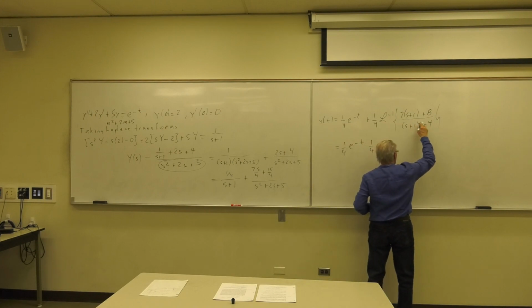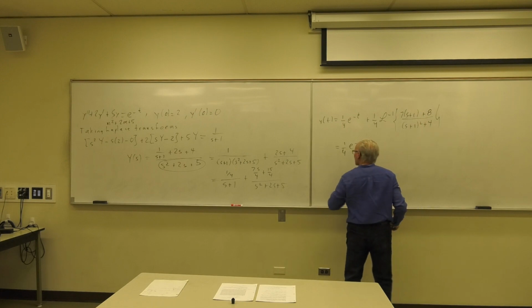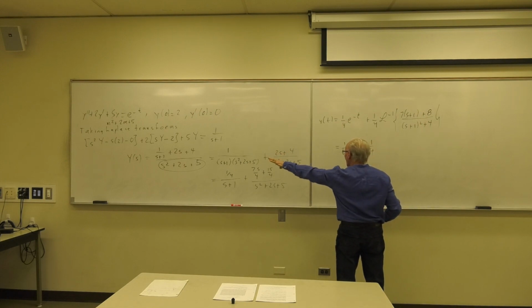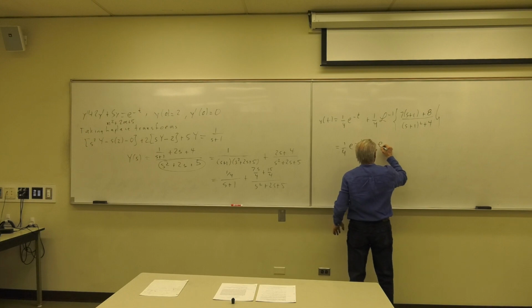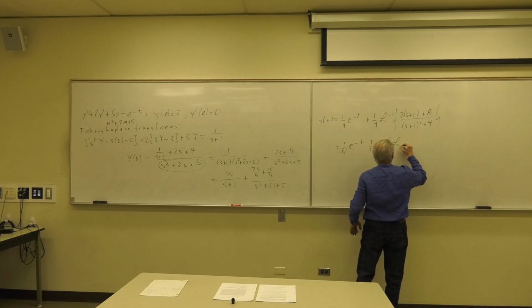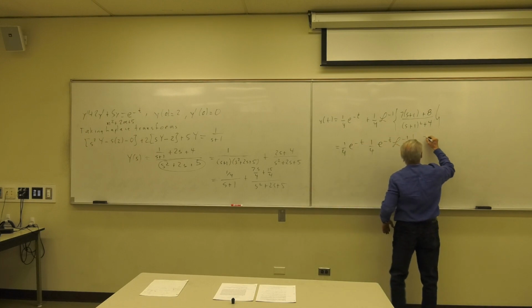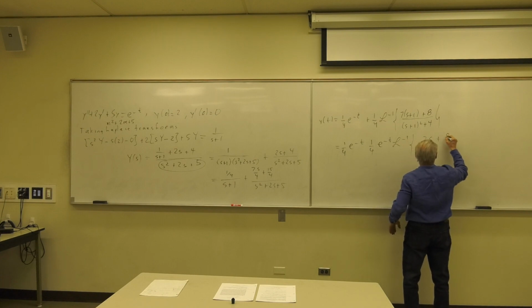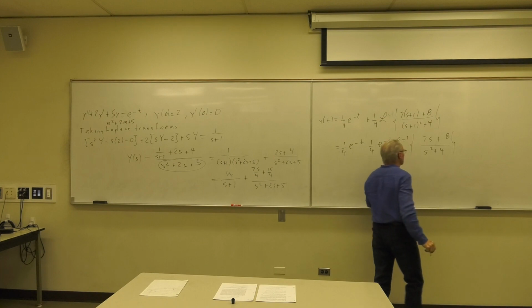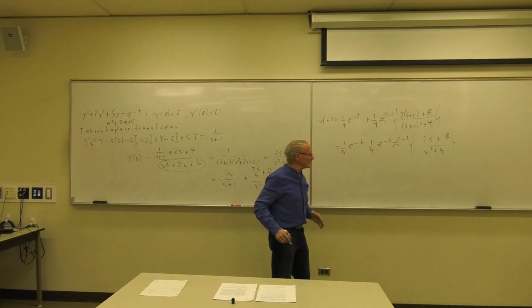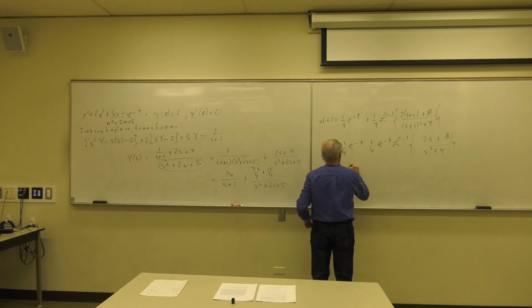We can now get rid of these plus 1s by using that property that I had about a minute ago when I erased it. e to the minus t, the inverse transform, and kill the plus 1s. And now those are sines and cosines. So we can finally finish.